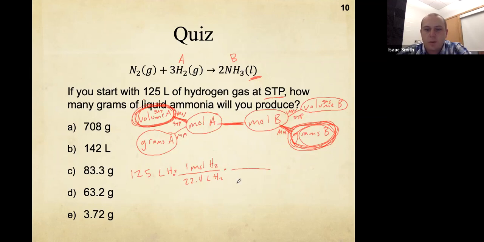We're crossing the mole bridge here. Every 3 moles of hydrogen produces 2 moles of ammonia. So now we went from moles of A to moles of B. Now we need to go from moles of B down to grams of B, and this time we use the molar mass. 1 mole of ammonia weighs about 17 grams. And then we have grams of B.